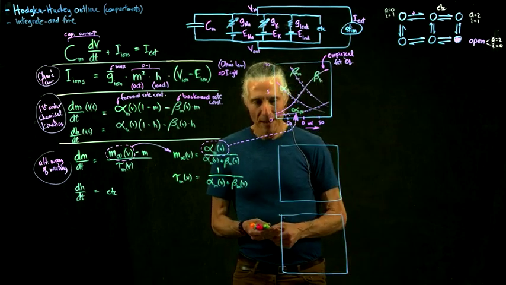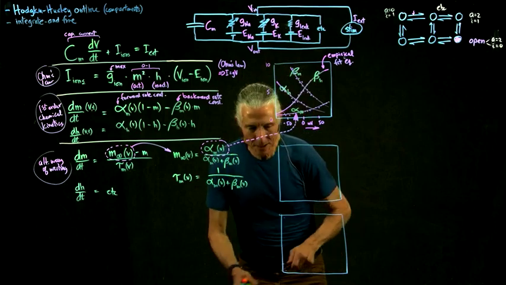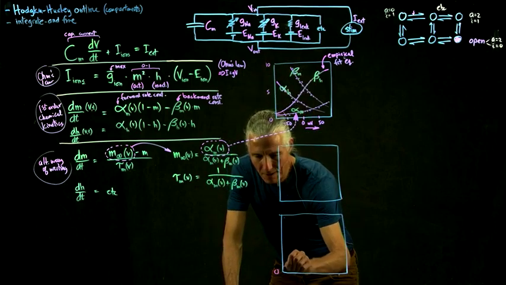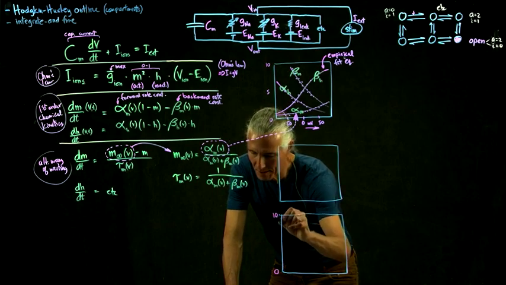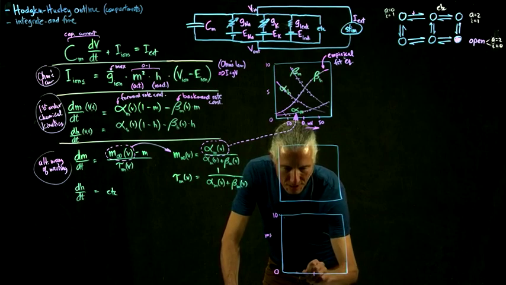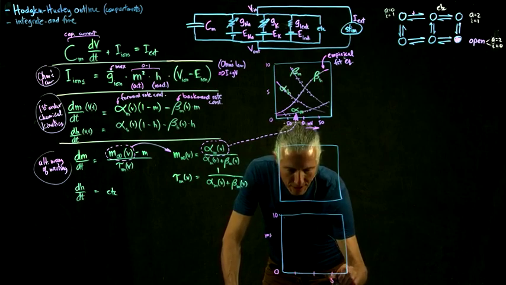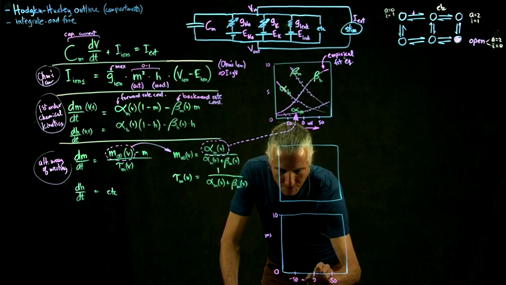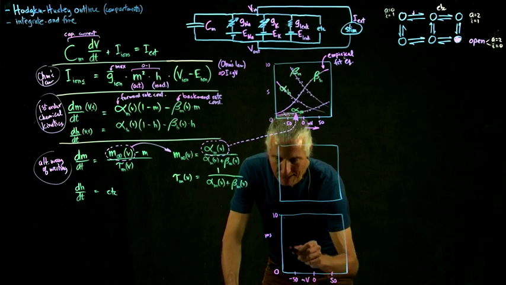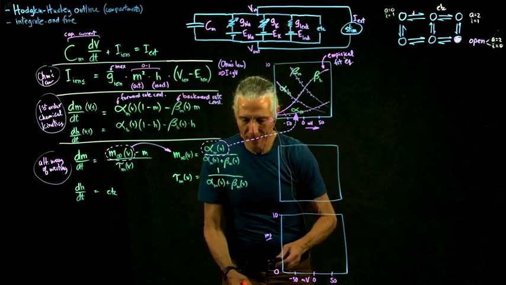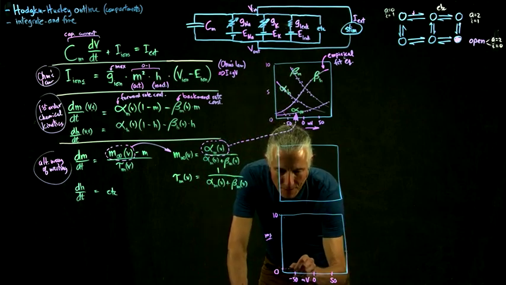And so how is that expressed? You can see that this is in milliseconds here, and this is the voltage sensitivity again, from 0 to minus 50 millivolts. This is the time constant, and it changes something like this.